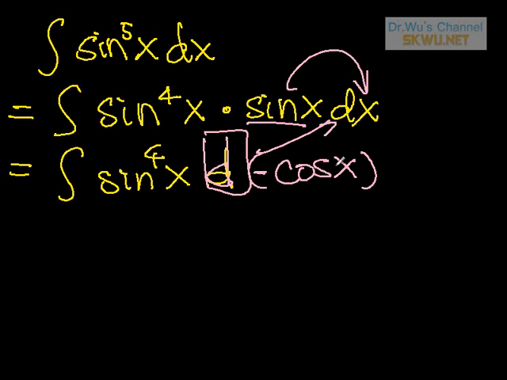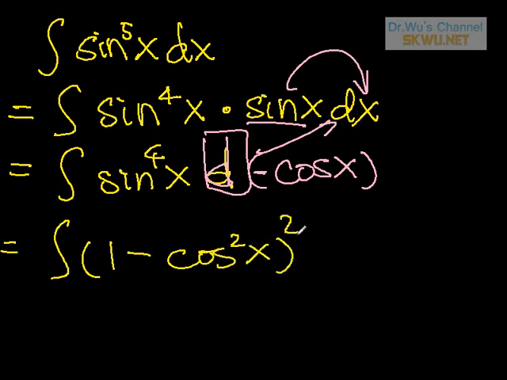Okay, so why are we going to do it this way? Because we know there is a formula for sine x to the power 4. We can write it as cosine square x, that is, 1 minus cosine square x, everything squared. The cosine x, I did not forget the minus.